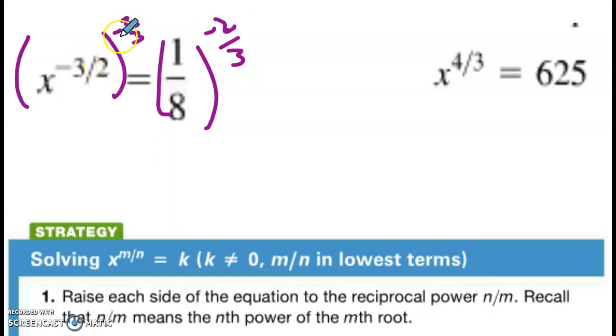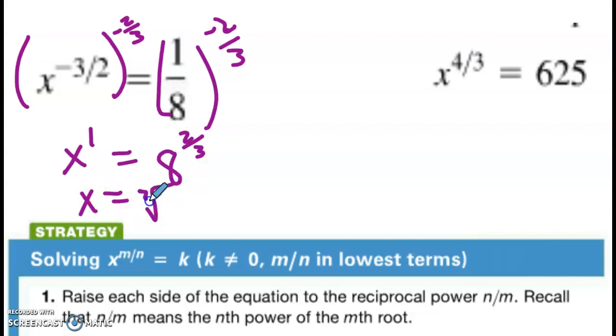Negative 3/2 times negative 2/3 is positive 1. 1/8 to the negative 2/3 is the same as 8 to the positive 2/3. So x is the cube root of 8 squared, which is 4.